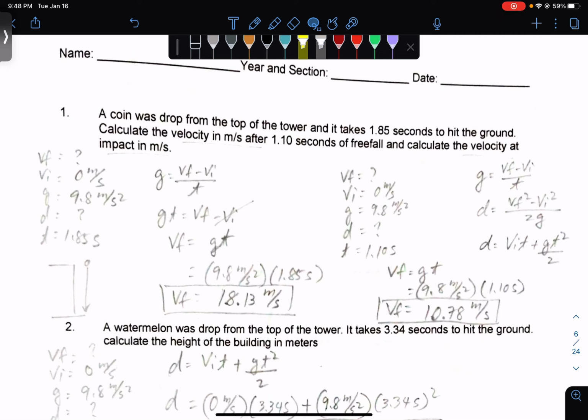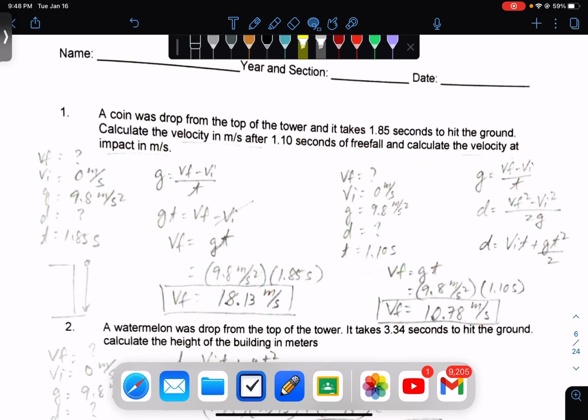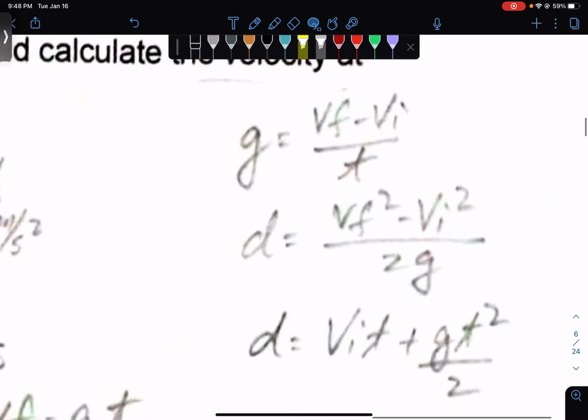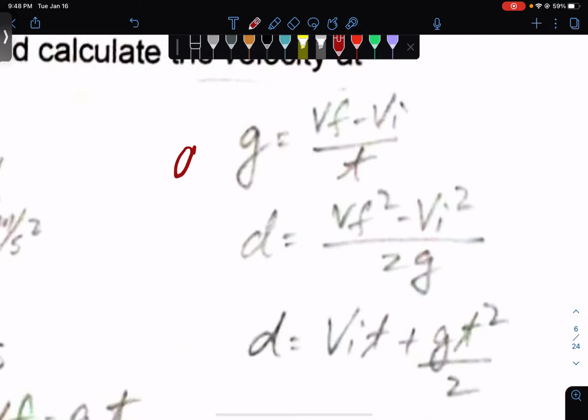Okay. We will be utilizing these formulas. As you can see, instead of writing A, we have G instead. G is gravitational acceleration. It's a constant, approximately 9.8 meters per second squared.